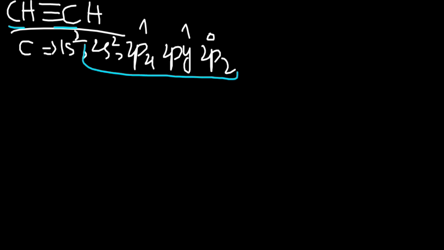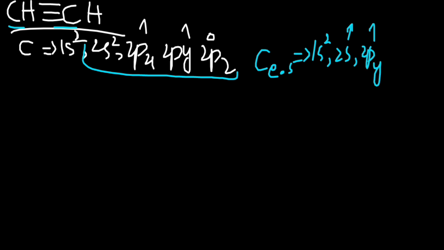The excited state electronic configuration is 1s2, 2s1, 2py1, 2pz1, 2px1. So here are the 4 half-filled atomic orbitals available on carbon atom. So these orbitals overlap and result in 1 sigma and 2 pi bonds.